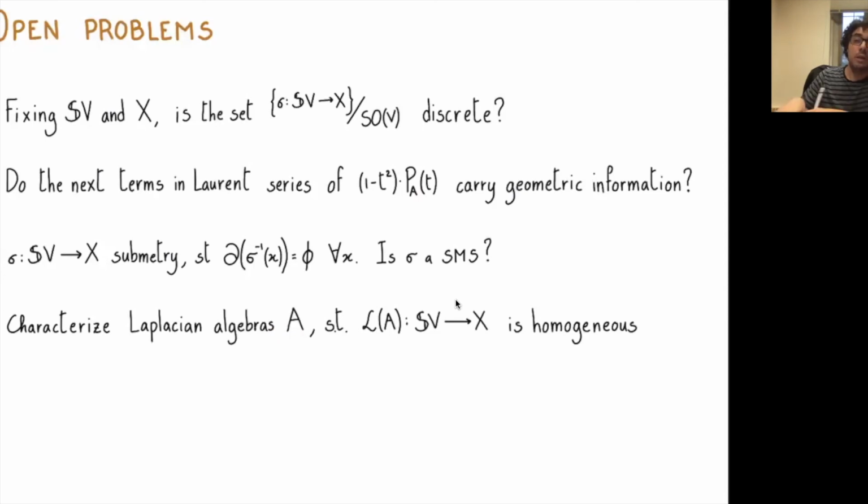For example, the classification problem of isoparametric hypersurfaces that I was mentioning at the very beginning, because one of the biggest points in that classification is understanding when a given isoparametric hypersurface is homogeneous or not, and essentially characterizing this type of algebras would give a neat way of attacking that problem, the classification problem of isoparametric hypersurfaces.